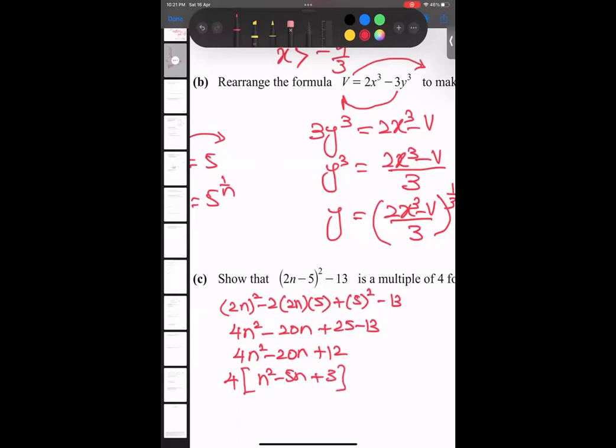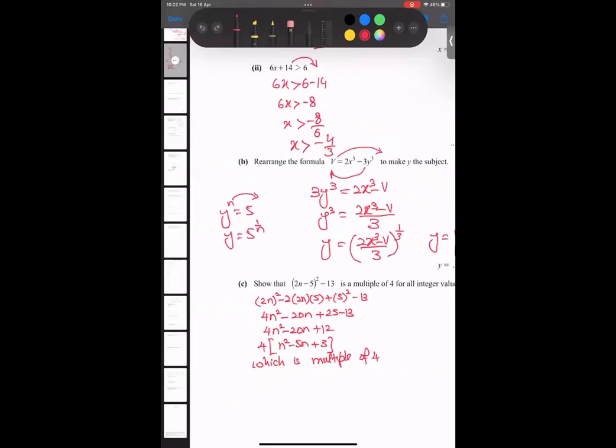So which is clear that, hence proved, which is a multiple of 4. Whatever number comes inside, this is a 4 multiply. So it's called multiple of 4. So Alhamdulillahi Rabbil Alameen, this point is clear.